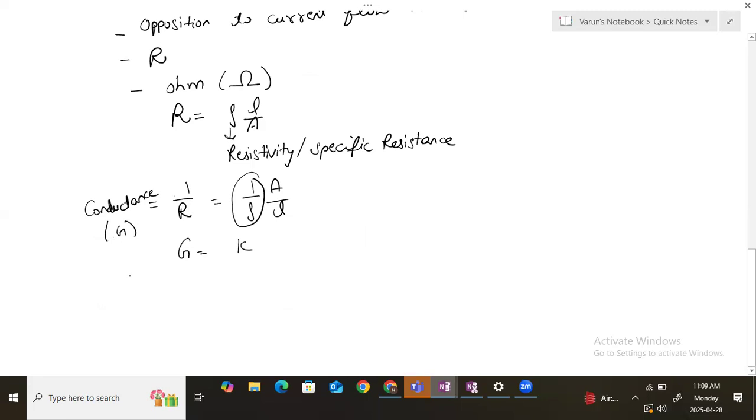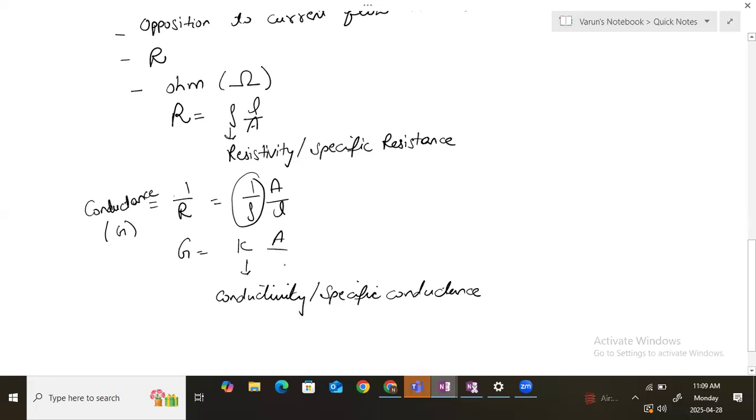Inverse of resistivity is conductivity, or specific conductance.